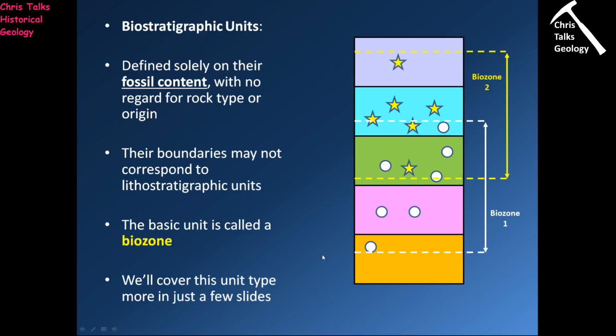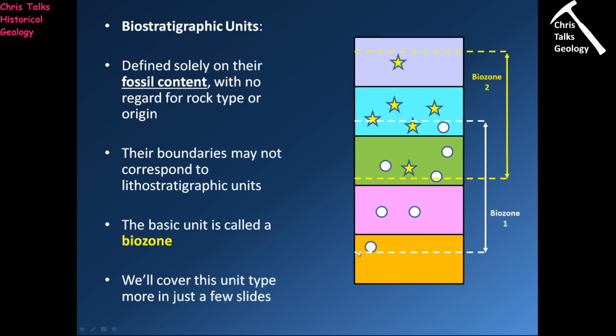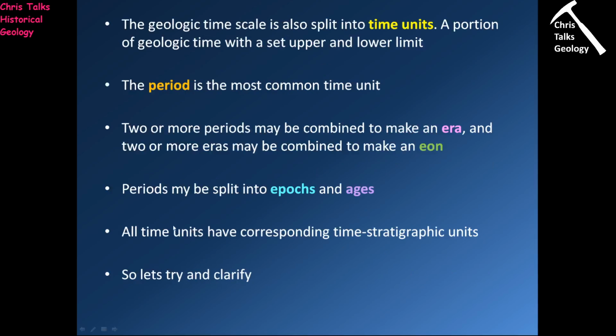So in this case, if we were to say that the Devonian, in terms of the time unit, begins when we first see the white circle fossil appear, well, this is when the Devonian is going to begin in terms of time units. So the Devonian begins here if we're thinking about time stratigraphic units, but it begins here if we're thinking about time units.